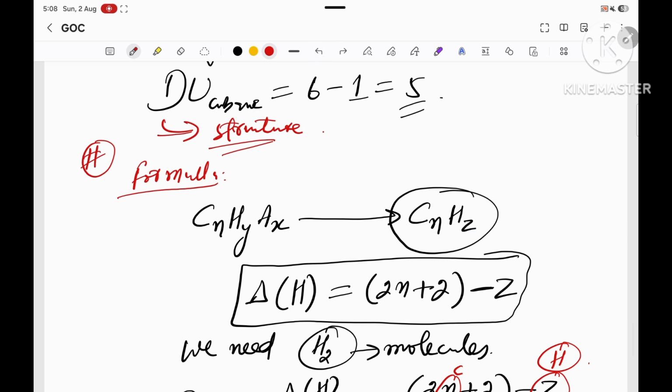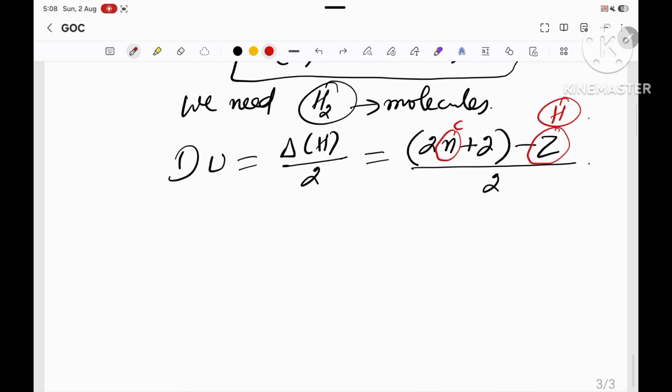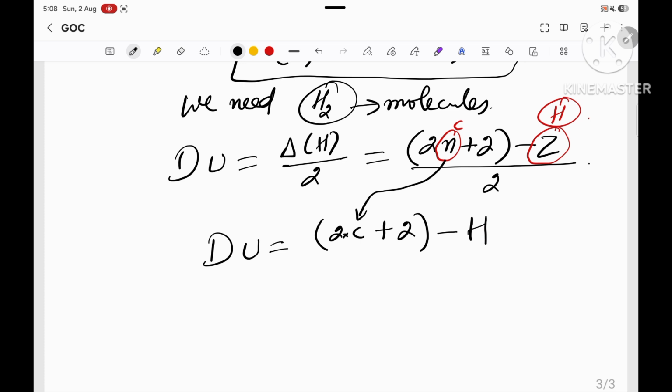So according to this, we will write du is equal to 2 times carbon atoms, and we add this 2, and subtract the hydrogen atoms, then we divide it by 2.